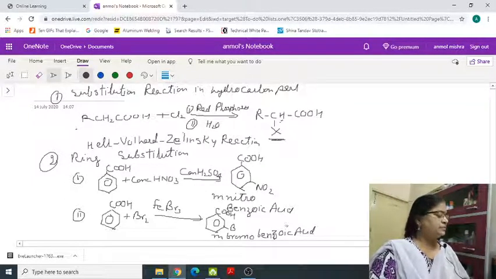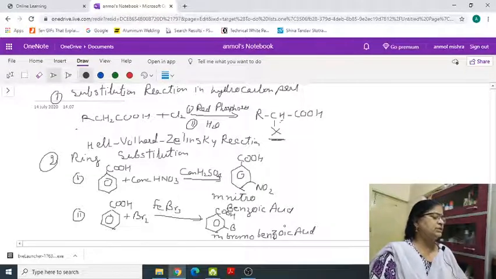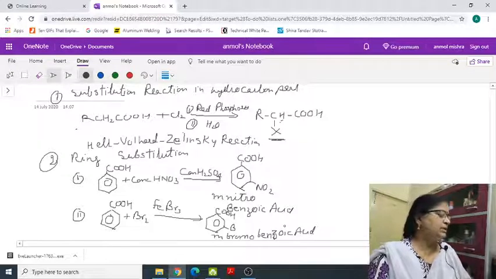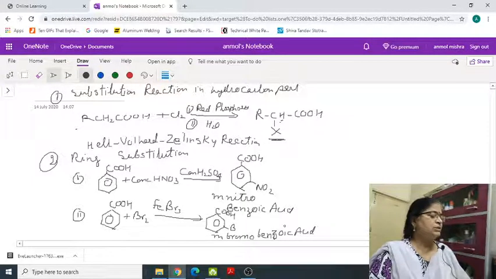Next is uses of carboxylic acid. Methanoic acid is used in rubber, textile, dyeing, leather and electroplating industries. Ethanoic acid is used as solvent. It is also used as vinegar in food industries.